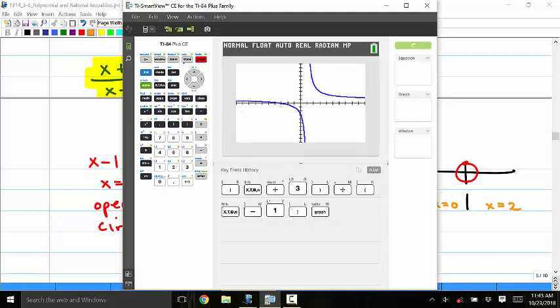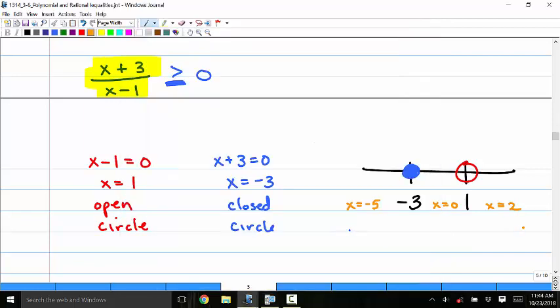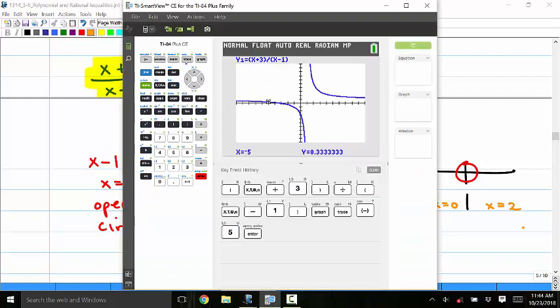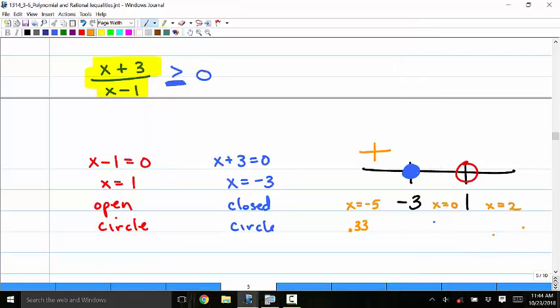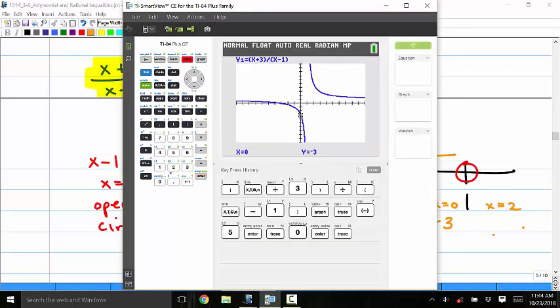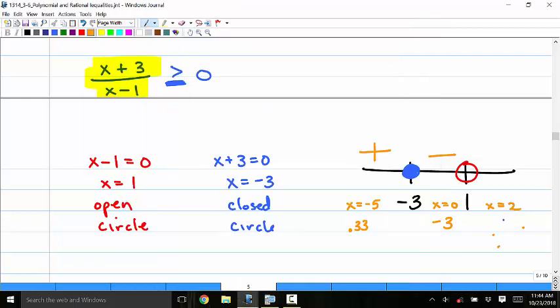I typed in trace negative 5, and I get positive 0.3. I type in 0 for the x value. I get the y value is negative 3, so I put a negative. I type in 2 for my x value. I get positive 5.